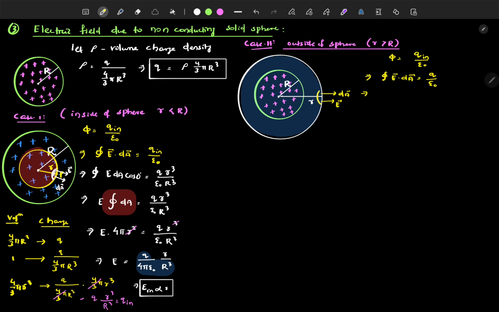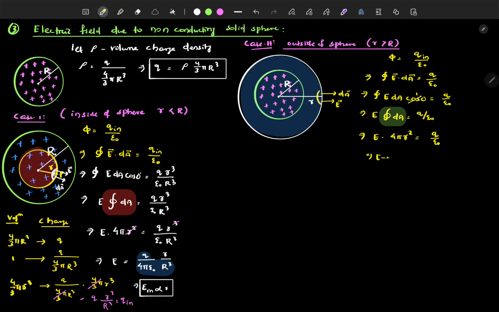So now we can write the closed integral of E dA cos 0 equals Q by epsilon naught. Cos 0 is 1, so E into the integral of dA is equal to Q by epsilon naught. The closed integral of dA is the surface area of the Gaussian sphere, so E into 4 pi r square is equal to Q by epsilon naught.